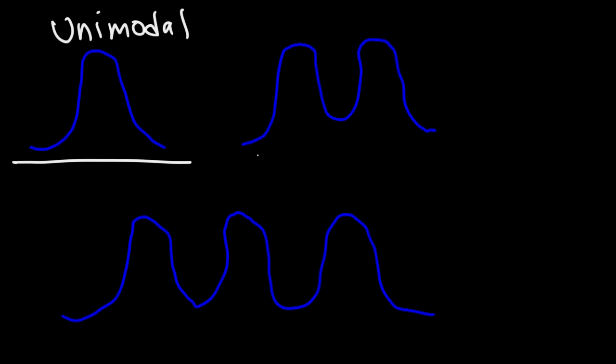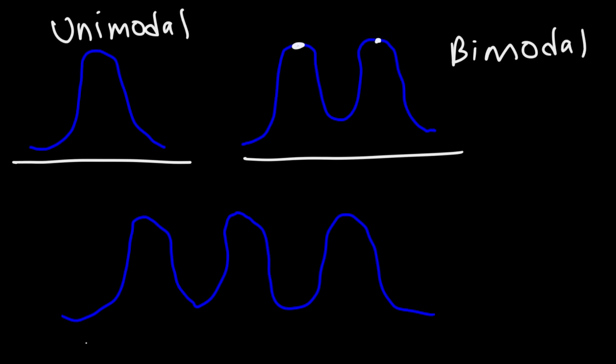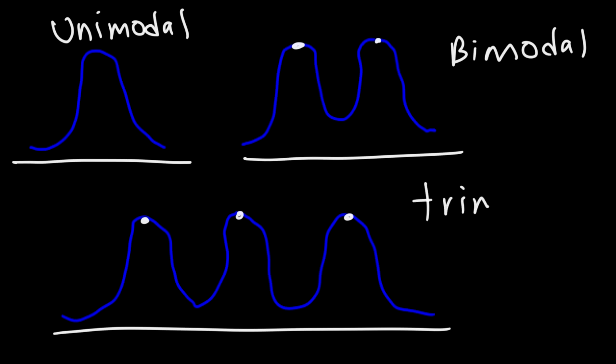This here is a bimodal graph. And what we have here is a trimodal distribution. So this is unimodal because there's only one mode. This is bimodal because, as you can see, there's two modes. And this is trimodal because there's three peaks, there's three modes. You can also say that it's multimodal because it has many modes.